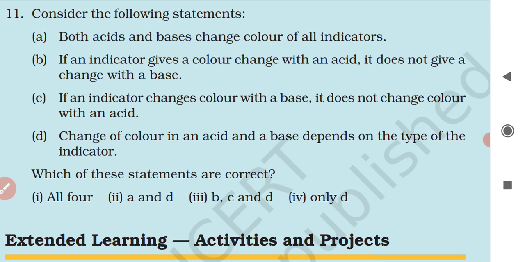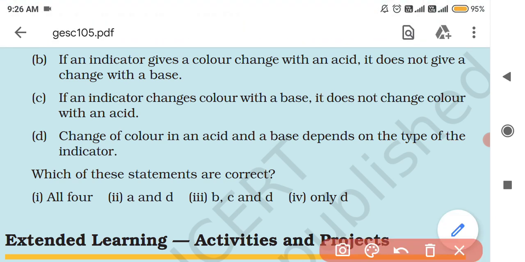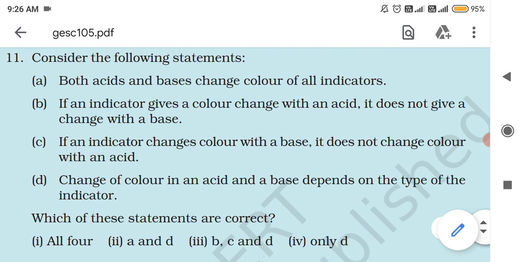Because if you add red litmus paper to acidic substances, then acid will not change the color of red litmus paper. Understood? When basic substances are added to red litmus paper, it will change the color of red litmus paper to blue. But acidic substances cannot change the color of red litmus paper. Clear? So this statement is false. It is not correct.